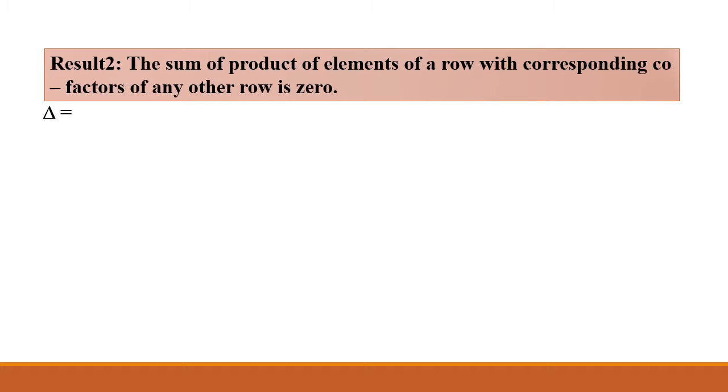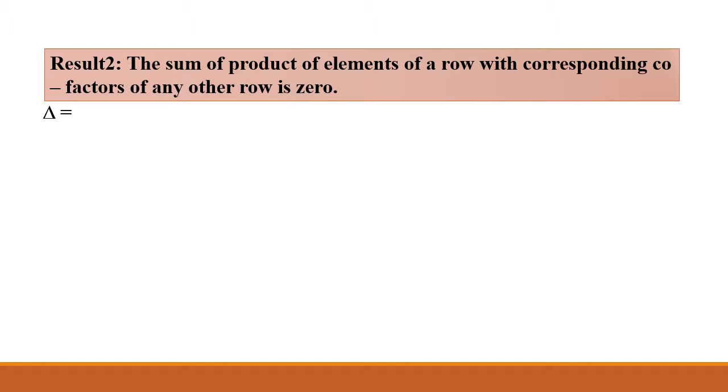Next, note result 2. The sum of the product of elements of a row with corresponding cofactors of any other row is 0. So here we are considering the elements of R1 and cofactors of R2, or elements of C1 and cofactors of C3.